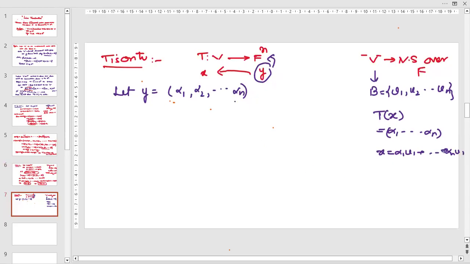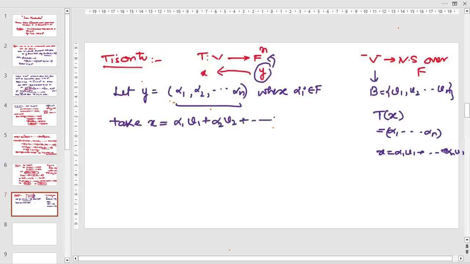Now, Y is equal to this. Now, where alpha i belongs to F, choosing these alphas, take x is equal to alpha 1 V1 plus alpha 2 V2, so on to alpha n Vn. So we will construct this element.